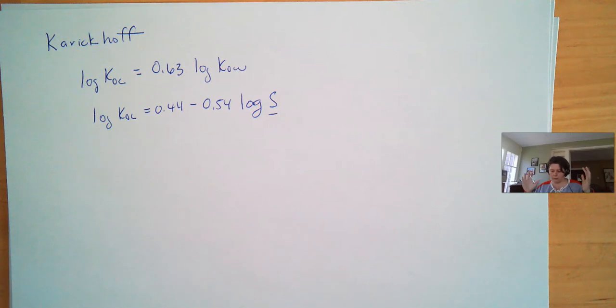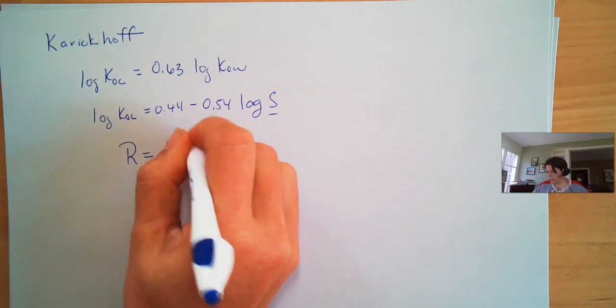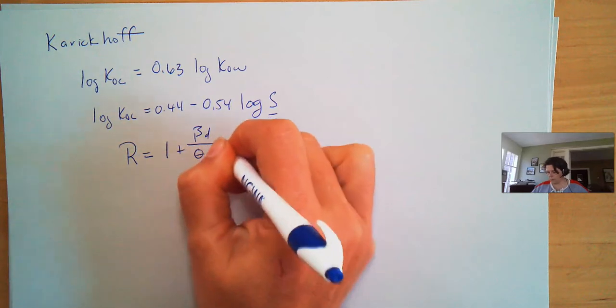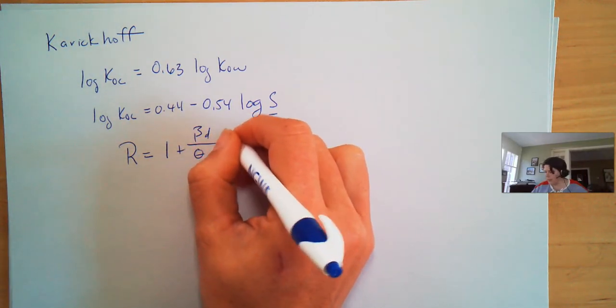So there are limitations to this. We can get our retardation coefficient because we need that retardation factor. Remember, we need 1 plus the bulk density over the porosity of the saturated system, times KD.